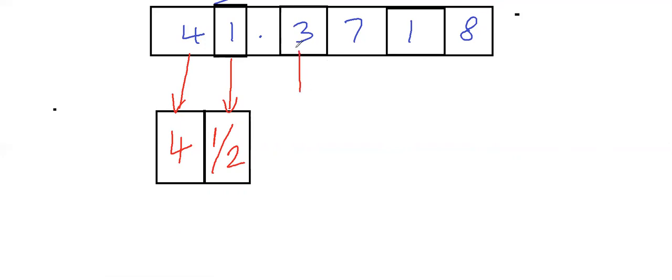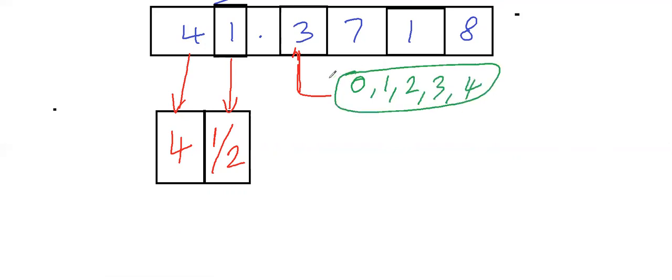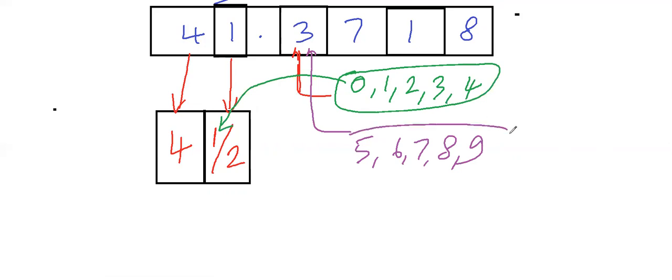Now, in this box, if you have numbers like 0, 1, 2, 3, and 4, then what will be the number? The number will be 1. But if in this box the number is 5, 6, 7, 8, or 9.